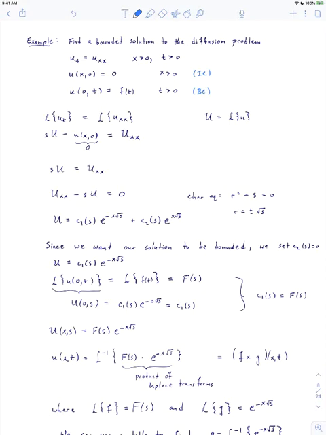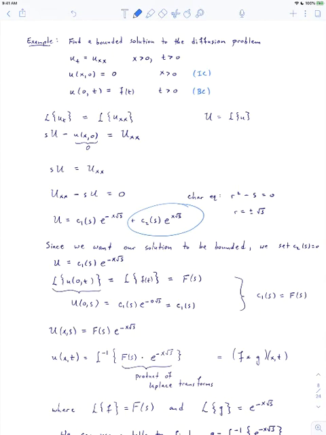Well, importantly, if you have a function that has a Laplace transform, then it's necessarily the case that the Laplace transform must decay as s goes to infinity. The only way that can happen is if this term isn't present, because that term is not going to decay.